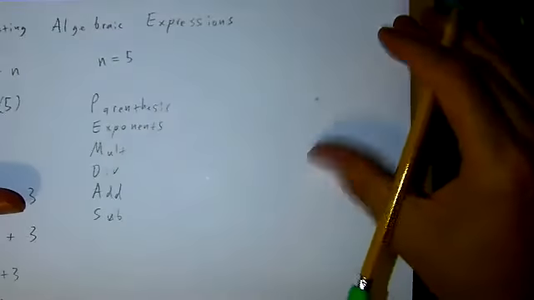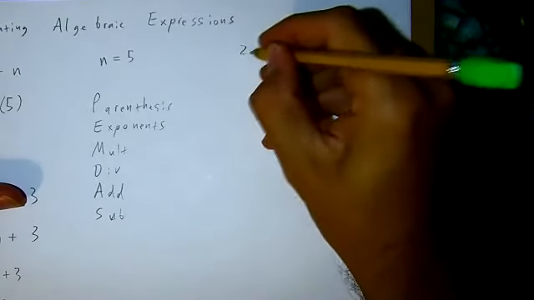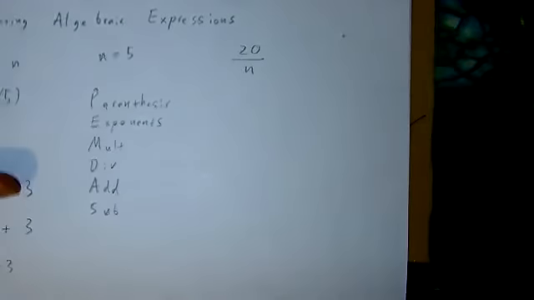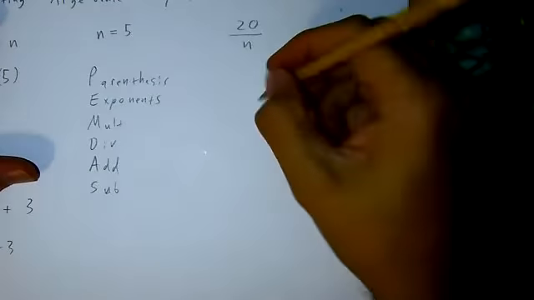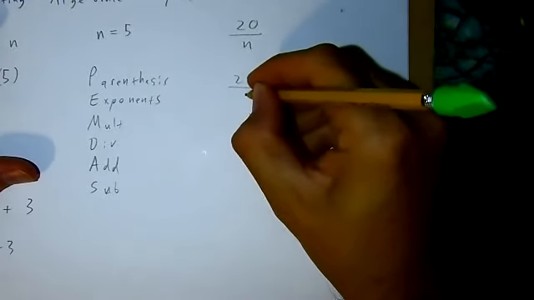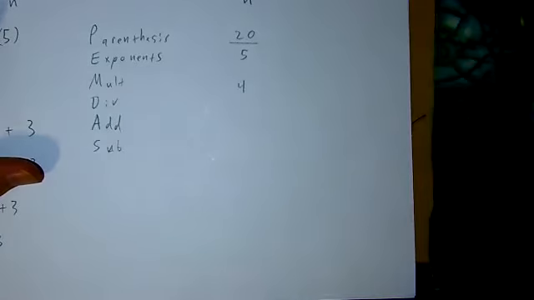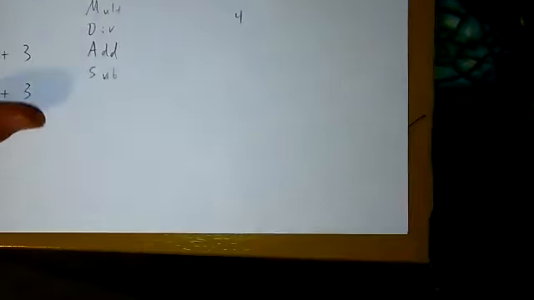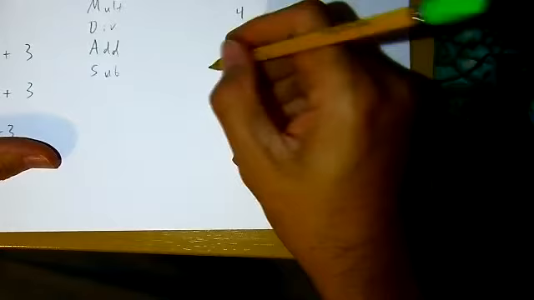You can put in division. Let's say you had 20 over n. Well, you just substitute in your 5 for your n, and then solve. So it'd be 4. And you can put all this together.